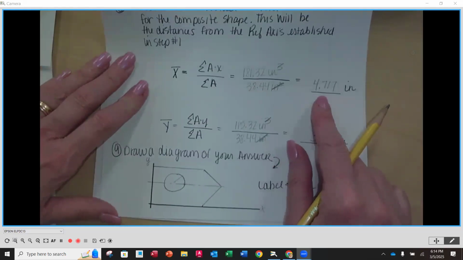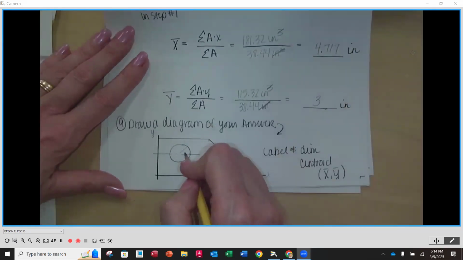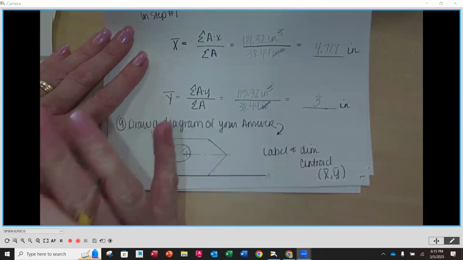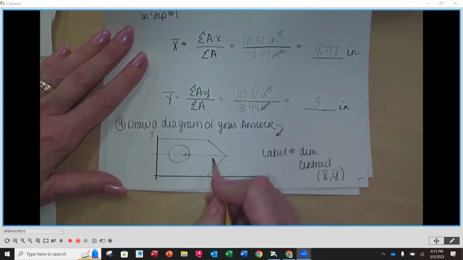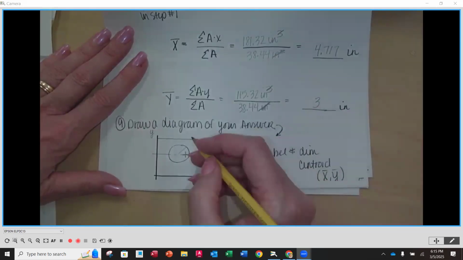Our value is 4.717. So it is going to fall on that axis of symmetry somewhere between the center of that circle and the actual edge of the circle. Don't draw it on the outside because that would be past the value.